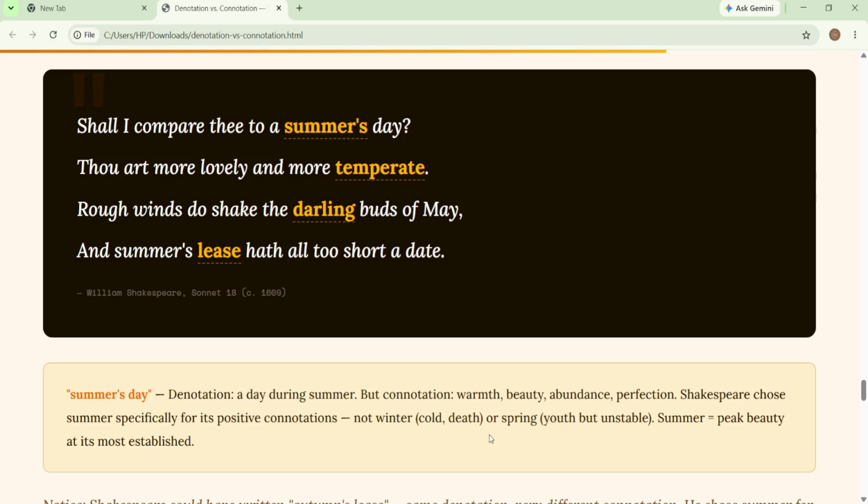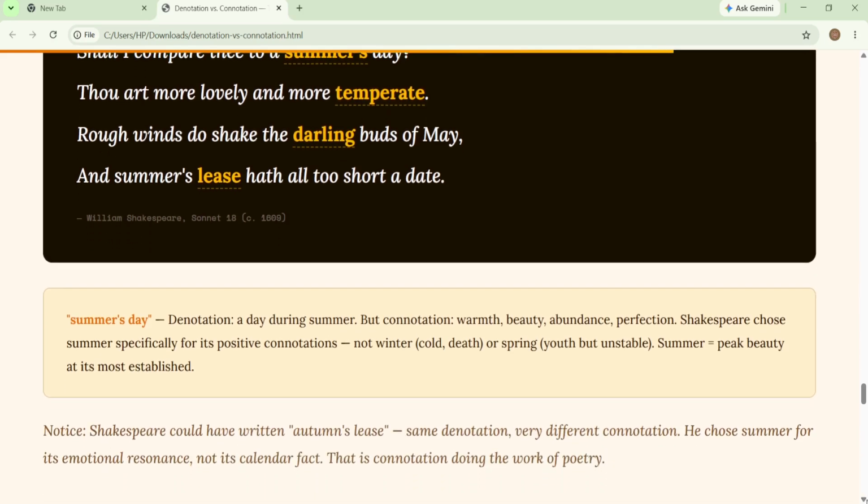Summer is peak beauty, almost established. So notice Shakespeare could have written Autumn's Lease.